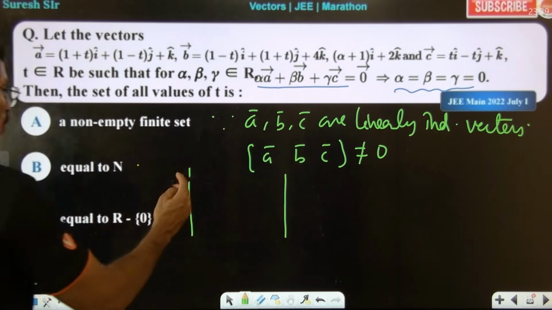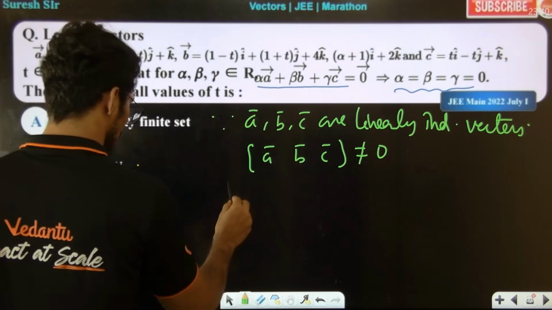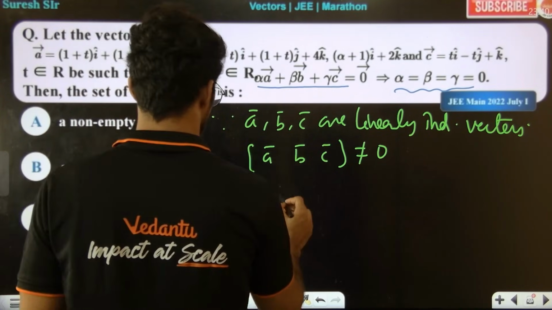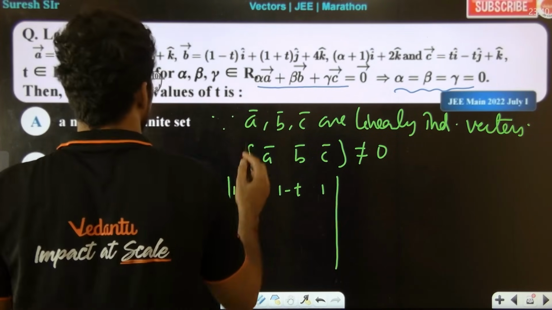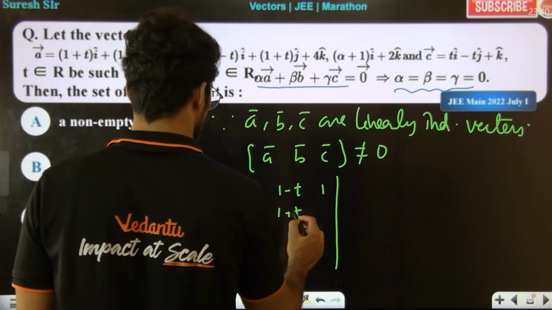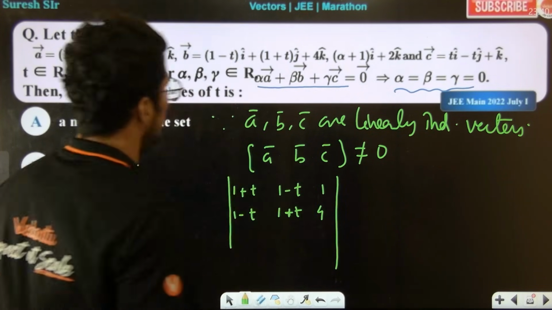So what is box A, B, C? It is the determinant with rows 1 plus t, 1 minus t, 1; then 1 minus t, 1 plus t, and 4.